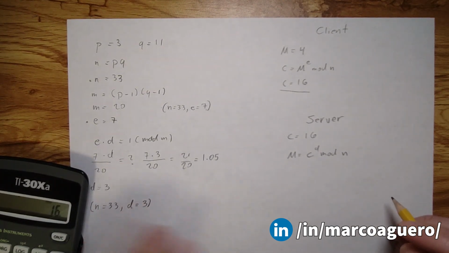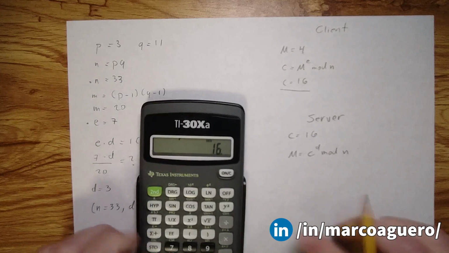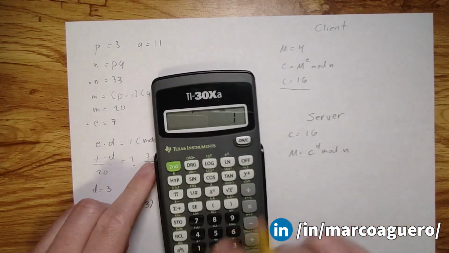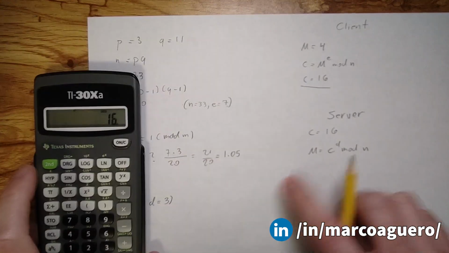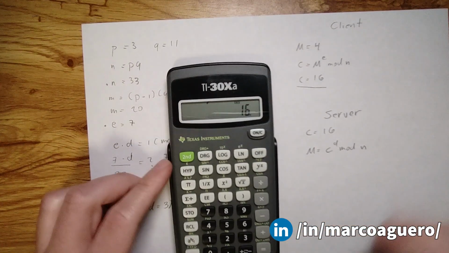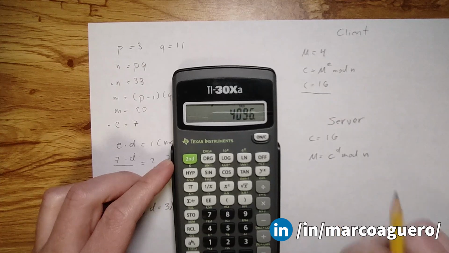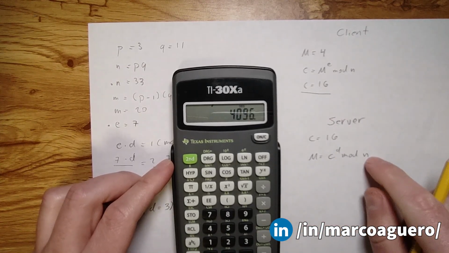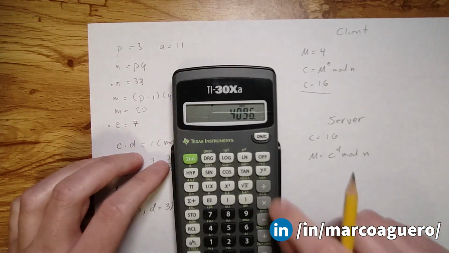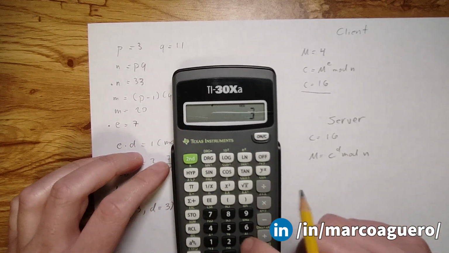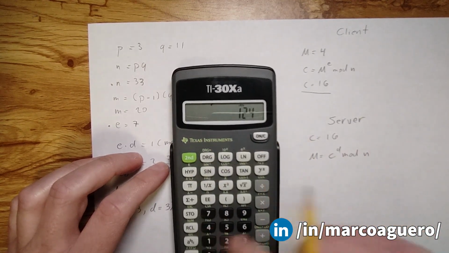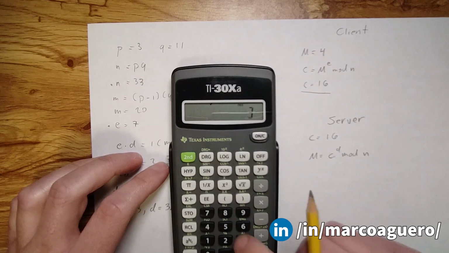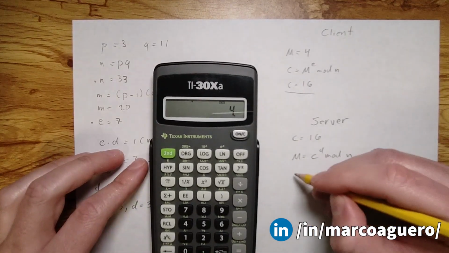Because it's the private key. So let's do it. Our ciphertext is 16 to the power of 3, right? Because that's the one that we're going to use for decryption. This is 4096 modulo 33. So let's divide it by 33. Let's subtract 124. And let's multiply by 33 again. 4.